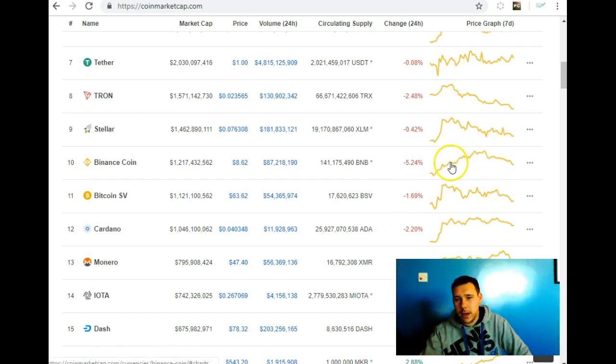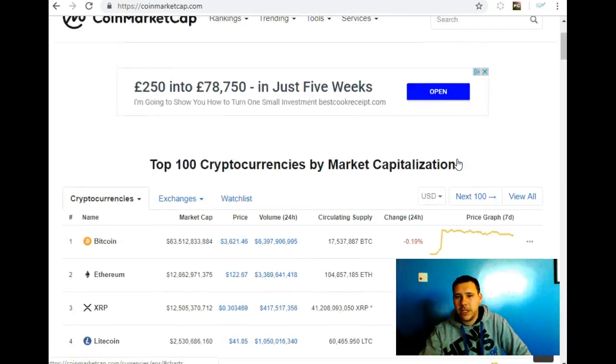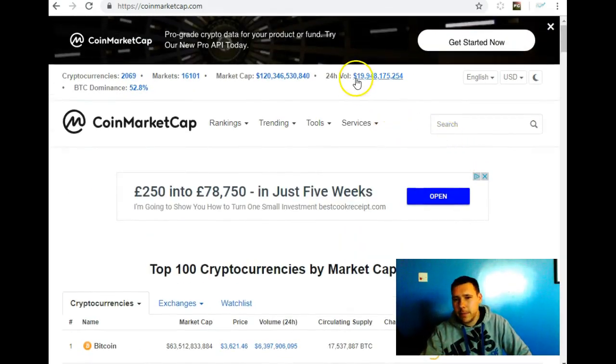After all of that excitement last week, it looks like it's just doing a small consolidation before another upward trend, which is fantastic. We always look at 24-hour volume, possibly one of the most important things for a trader. It's just under 20 billion, which is slightly lower than we would like, but it is still a relatively safe range.